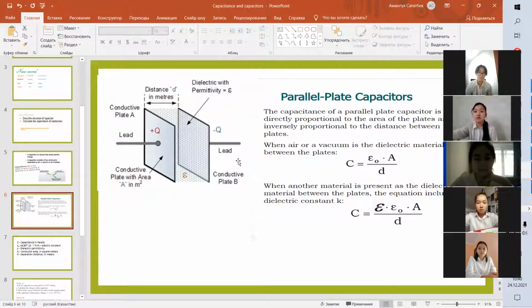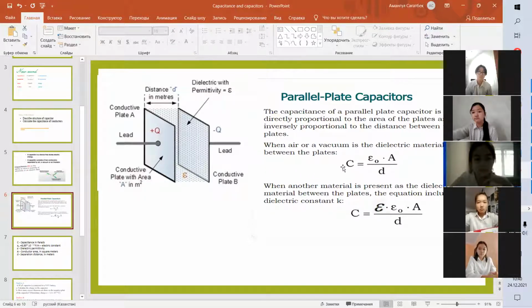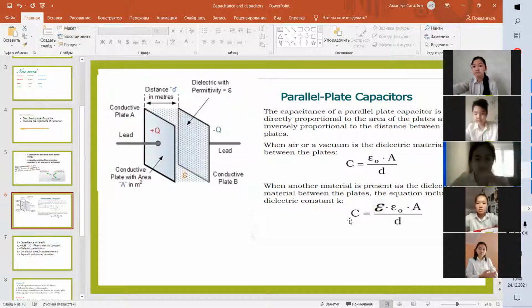C equals Q divided by D. Yes, this is the formula. We can use this formula to determine a parallel plate capacitor's capacitance. Yes.